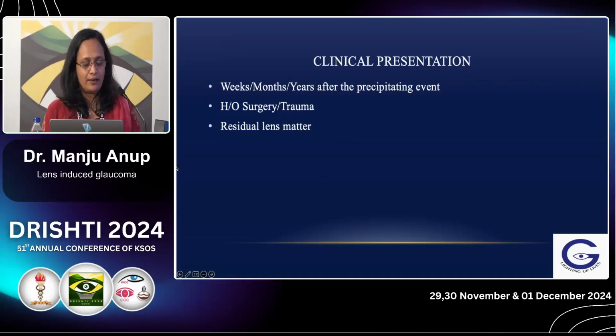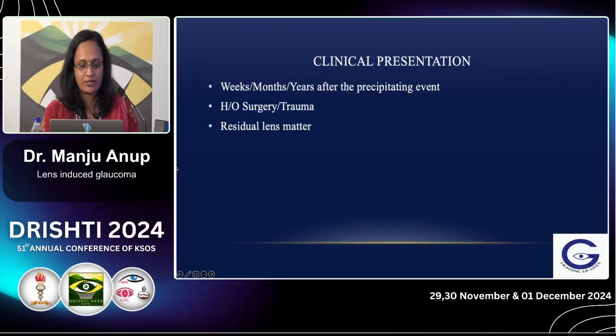The patient may present weeks, months or years after the precipitating event, and will give a history of surgery or trauma. The patient will present almost the same as in phacolytic glaucoma, with acute pain, diminution of vision and redness.